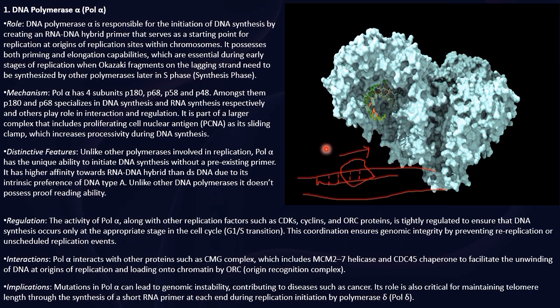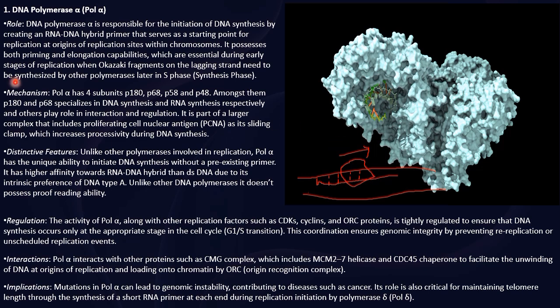Unlike other DNA polymerases, it doesn't possess proofreading ability, which means if it mistakenly puts in a wrong nucleotide, it can't proofread and remove it and fix the problem. It just goes on and synthesizes even if the DNA contains many errors.